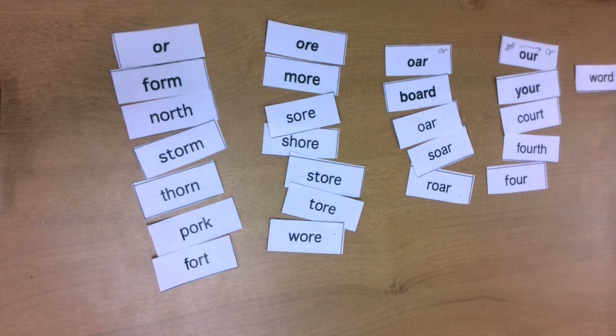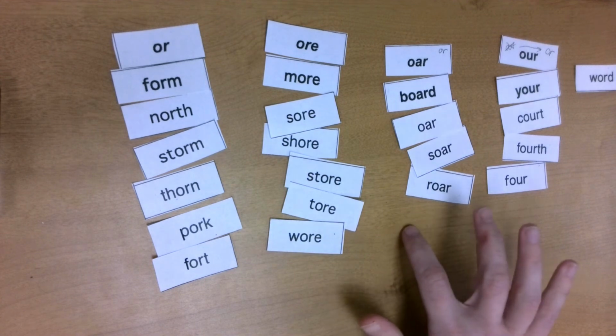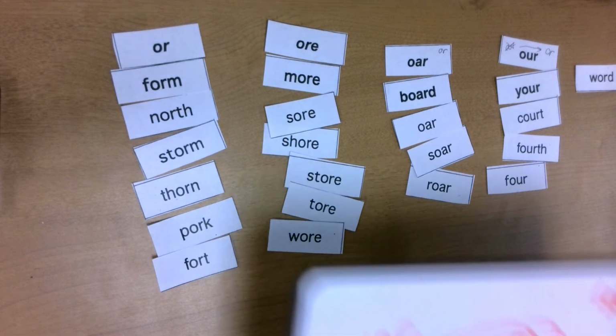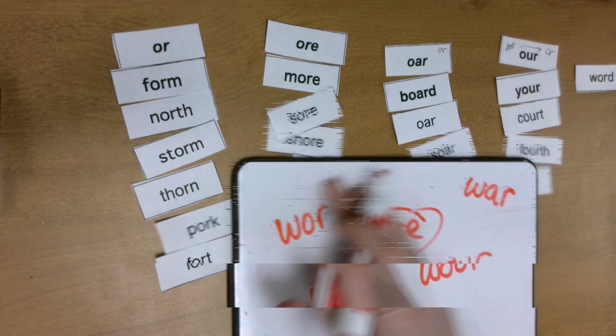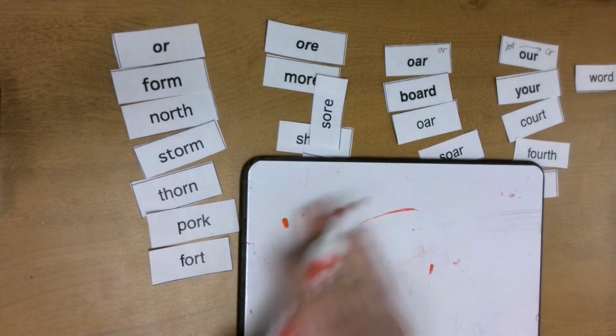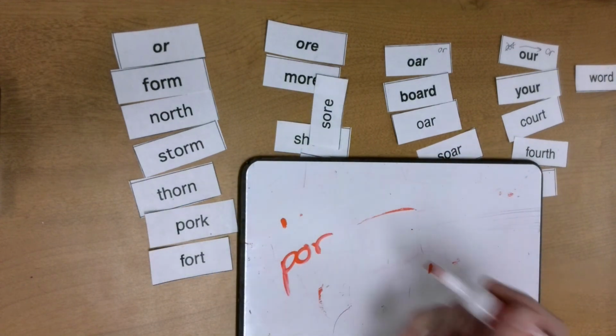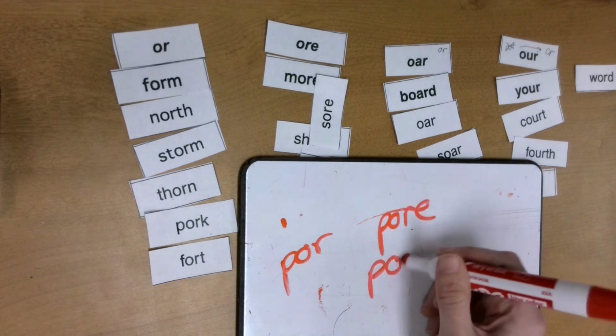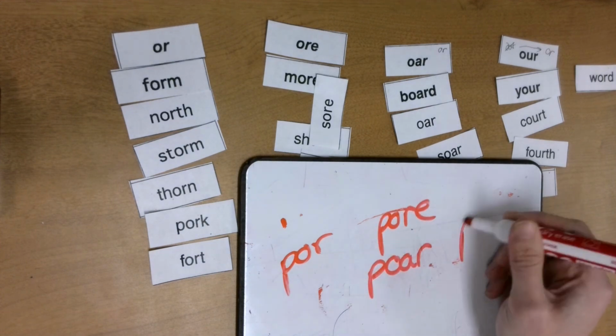Okay, my next word is pour. Go ahead and tap that out with me. Pour. Okay, let's try that. Is it pour like this? Is it pour like this? Or pour like this?